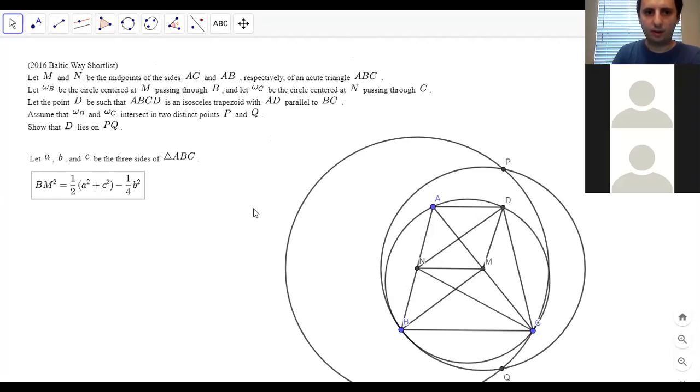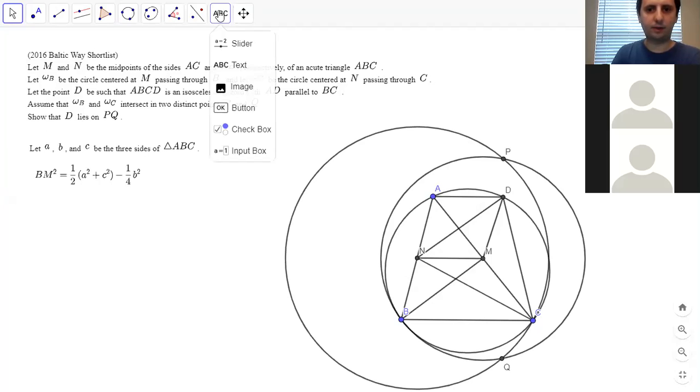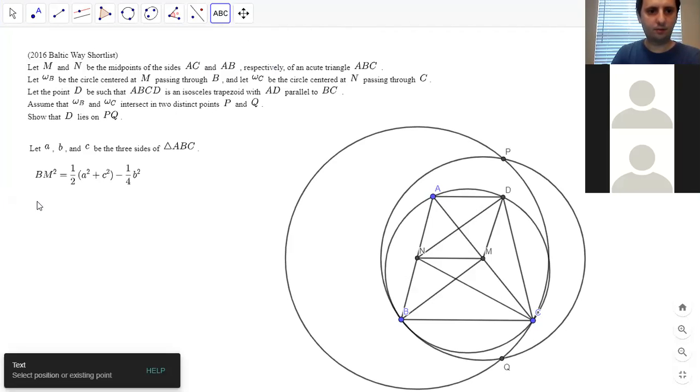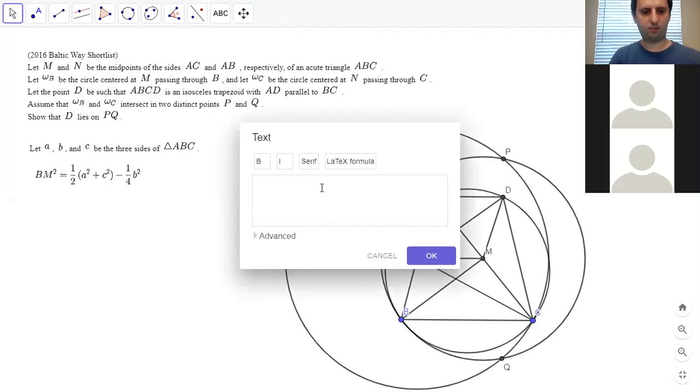And then we can say the same with CN squared: half of A squared plus B squared minus a quarter C squared.